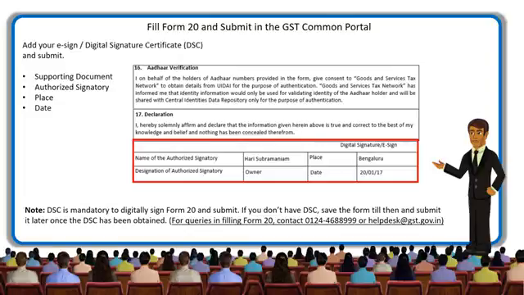Note: DSC is mandatory to digitally sign Form 20 and submit. If you don't have DSC, save the form till then and submit it later once the DSC has been obtained. For queries in filing Form 20, contact 0124 4688 999 or helpdesk@gst.gov.in.